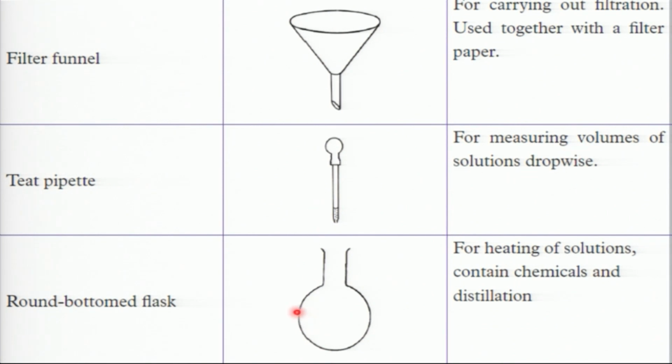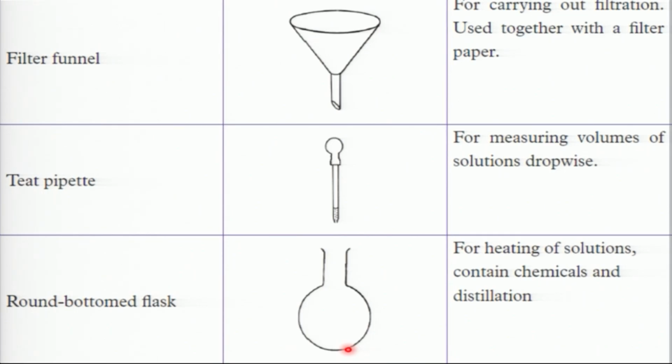We have the round-bottomed flask. So remember we had the flat-bottomed flask, we had a conical flask, and now we have a round-bottomed flask. It is round. The bottom is round. The other one was flat. The first one was conical. This one is the round-bottomed flask. What is the role of this flask?